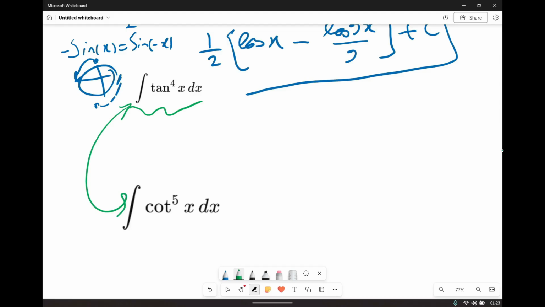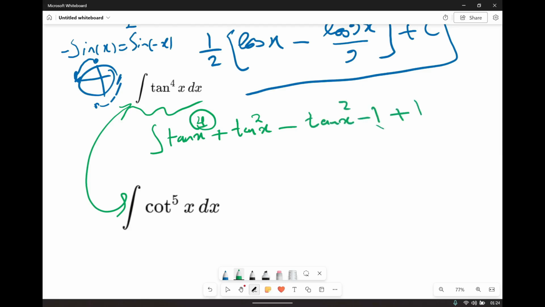To calculate these, our strategy for even and odd powers is the same. And what is that exactly? For tangent x power 4, I add and subtract tangent power 2 x: first plus tangent power 2 x, reducing the power by 2, and at the end minus tangent x power 2. You can see they cancel each other, dx.